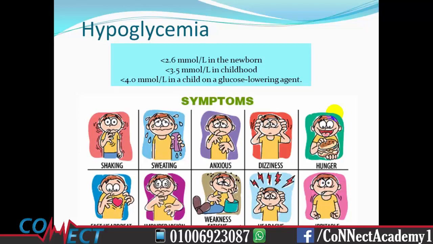So when we have a child who is specifically at risk, we know that he is going through hypoglycemia sometimes, or is on any glucose lowering agents like insulin, for example, we instruct the mother to be very alert to these symptoms. And we even instruct her that when she suspects hypoglycemia in her child, noticing these symptoms, to correct it even if she cannot measure his blood sugar right away.